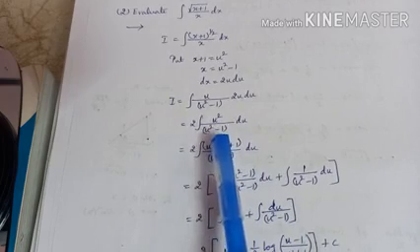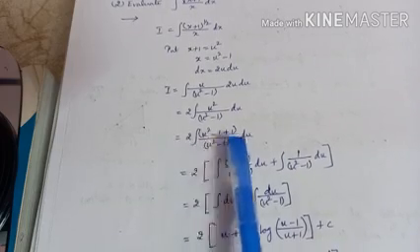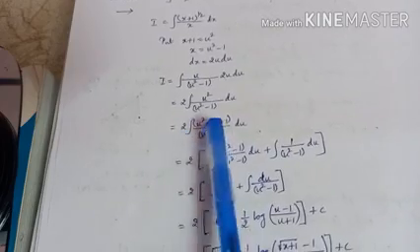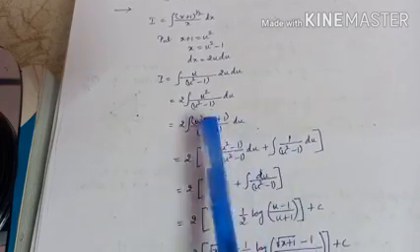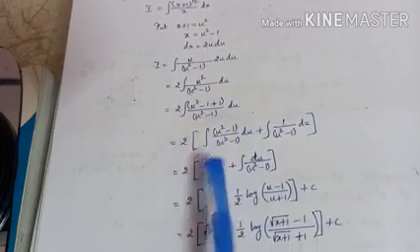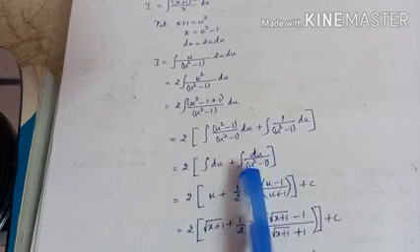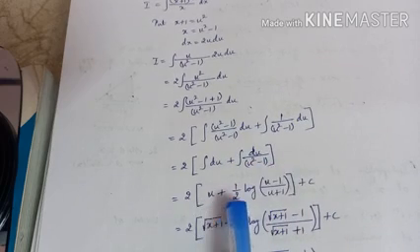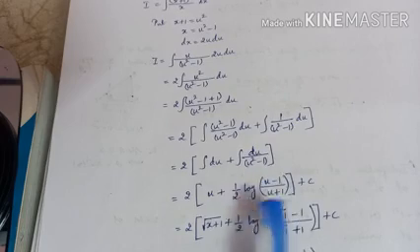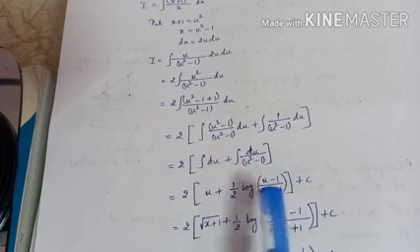We have many methods, and I have done one method for you here. Add and subtract 1. Hence separate the term u square minus 1 by u square minus 1 and 1 by u square minus 1, and these two get cancelled, integral du. And there is a formula we just saw, integral dx by x square minus a square, which is 1 by 2a log of x minus a by x plus a, where a is 1 here.